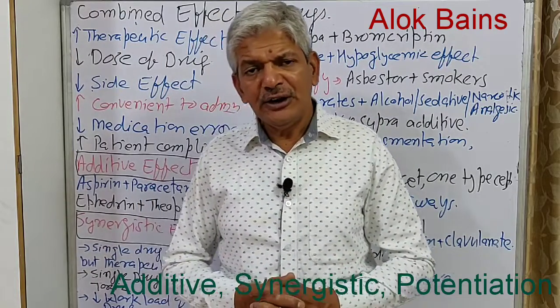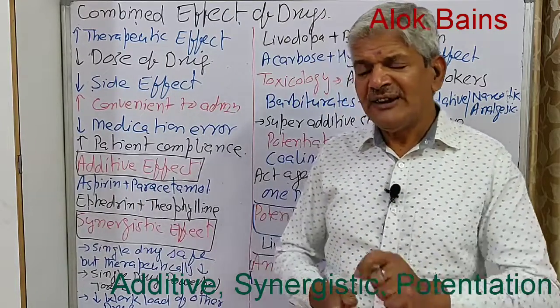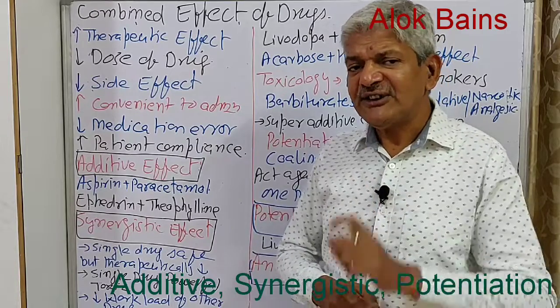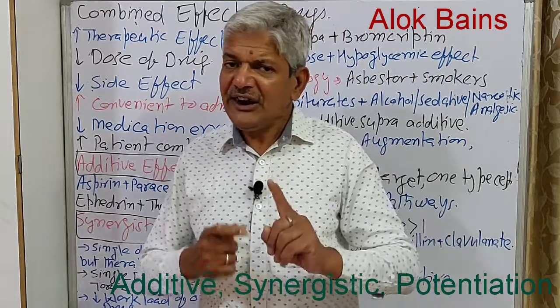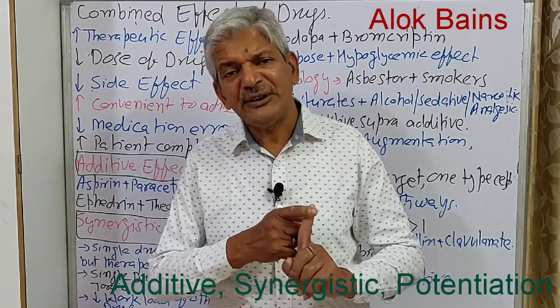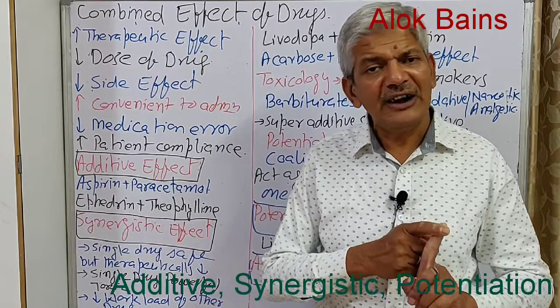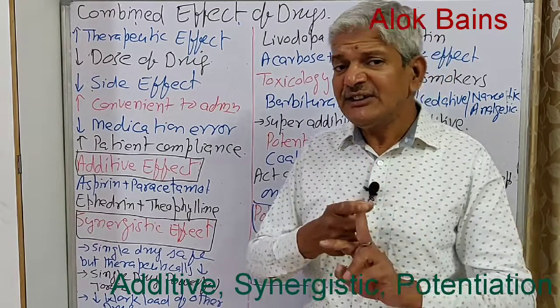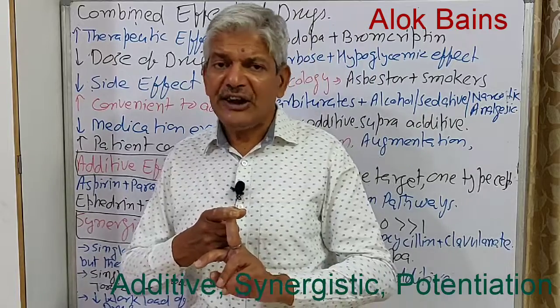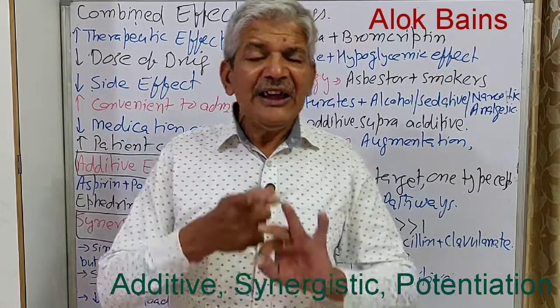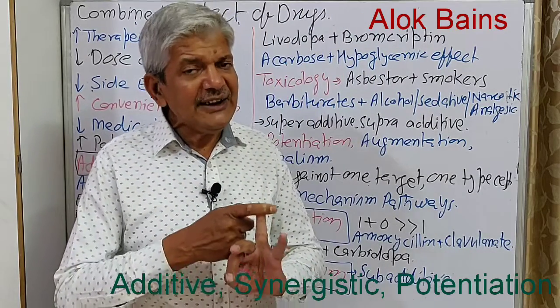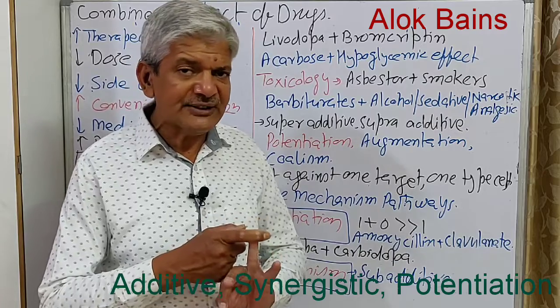to use more drugs at one time to treat a patient is, number 1, it increases the therapeutic effect or therapeutic value of the drugs. It decreases the dose of individual drugs. It decreases the side effects of individual drugs.